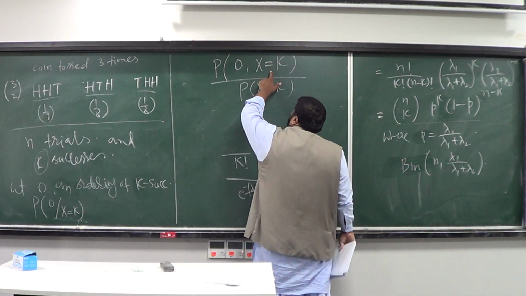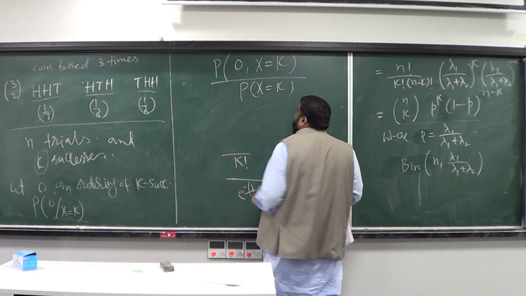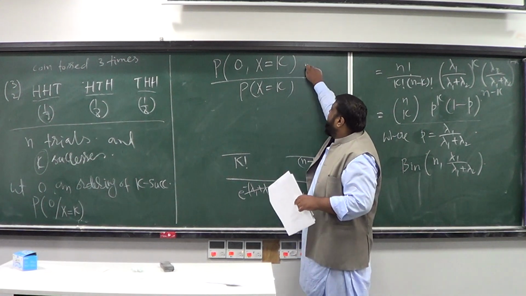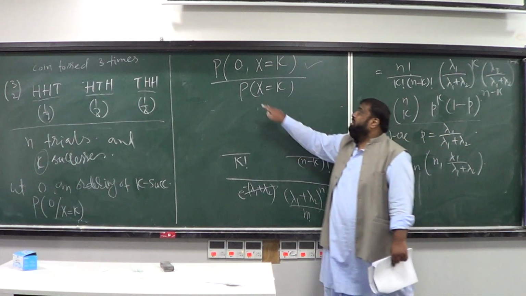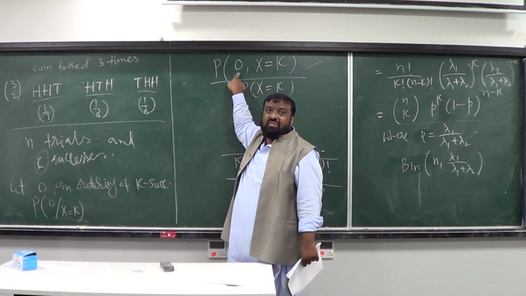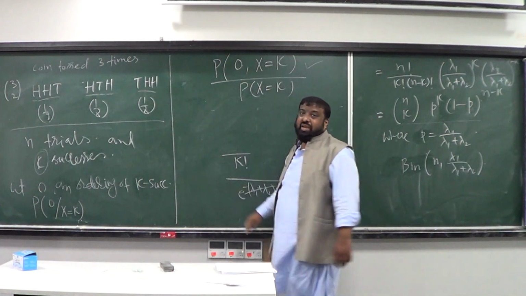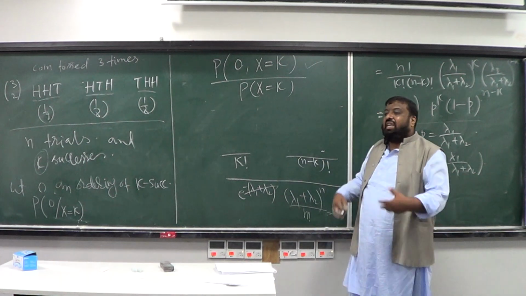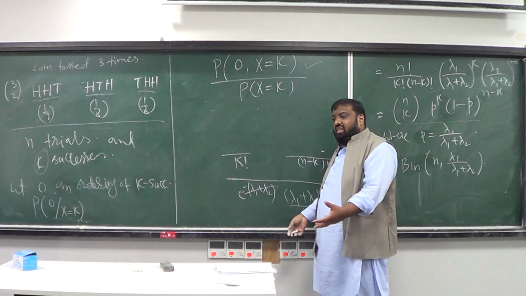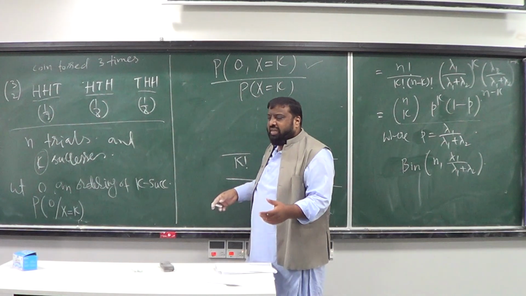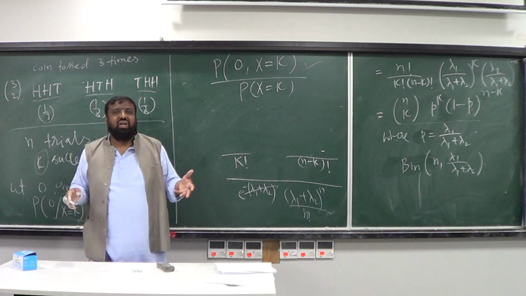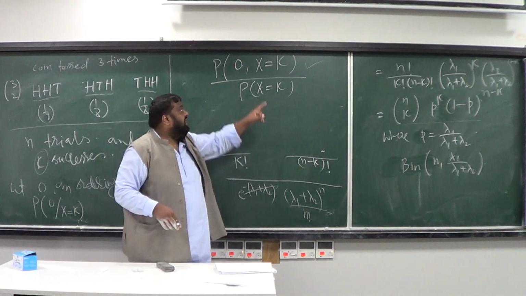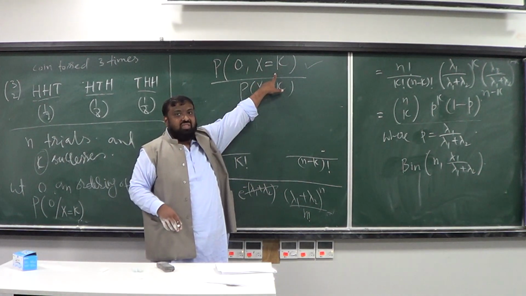Now this is an event. So try to make sense of this event. What does this mean? O means one particular ordering, and X equal to k means that there are k successes. This is kind of representing all possible orderings that you can have in which you have the k successes, and O is one of the orderings.